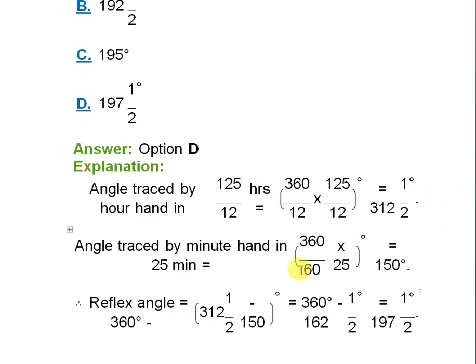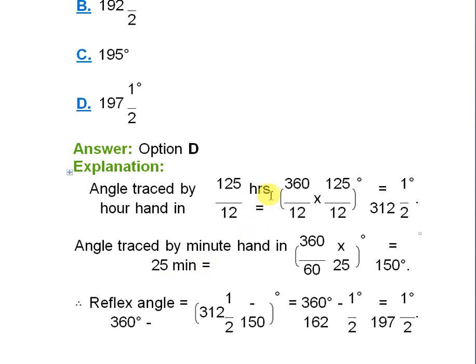Now the angle traced by the minute hand in 25 minutes you can calculate as 360 divided by 60 into 25. I know you must be confused that here we divided by 60, and in the last question we divided by 12. Why here 60? Because here it is talked about minutes, and there it was talked about hours.